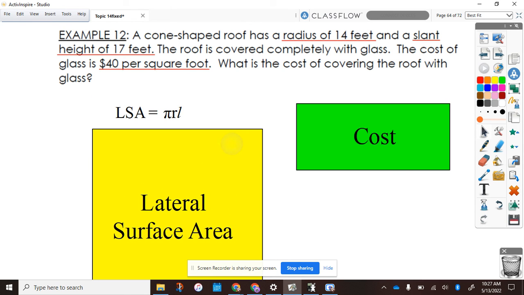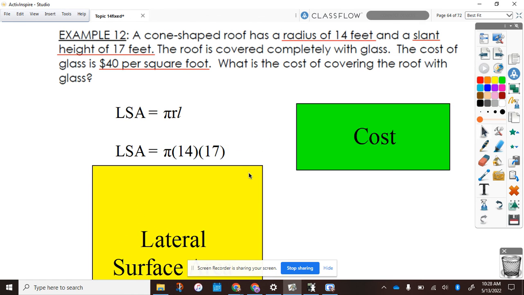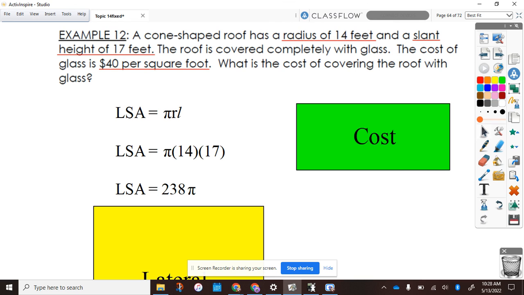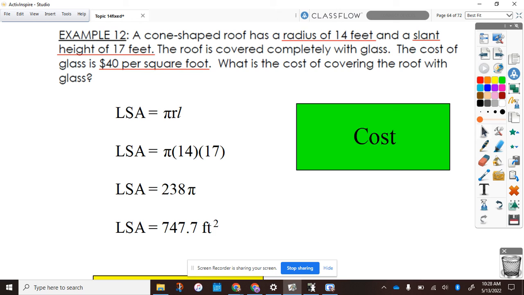So pi r L is going to be our formula for just the lateral surface area. That's going to be pi times 14 times 17, which is 238 pi if you type that in. And 238 pi is approximately 747.7 square feet.